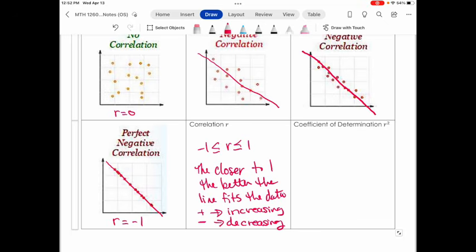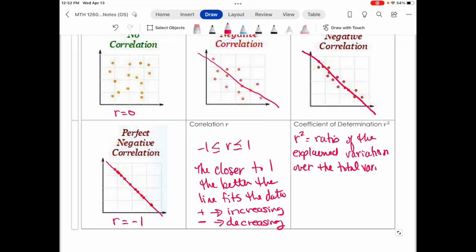That value basically tells us that it's a ratio of the explained variation over the total variation. The closer the R squared value is to 1, the better the line fits the data.